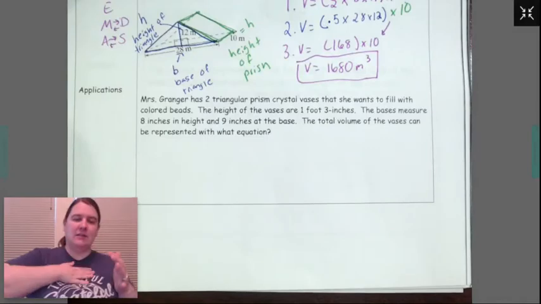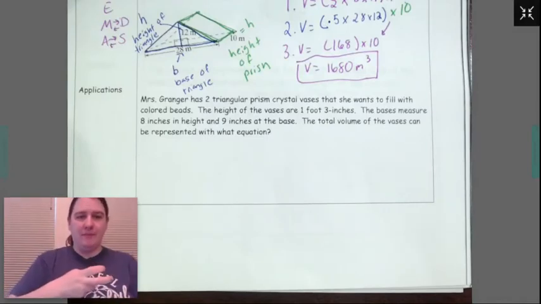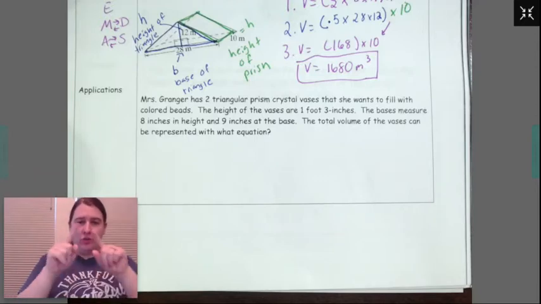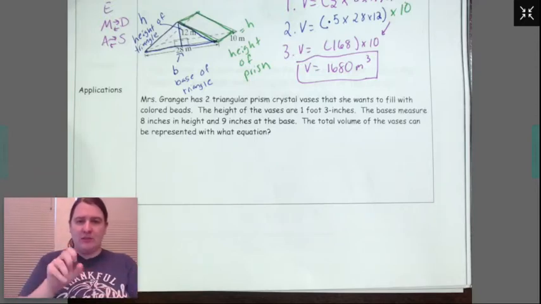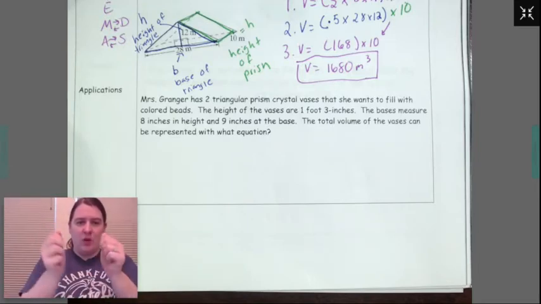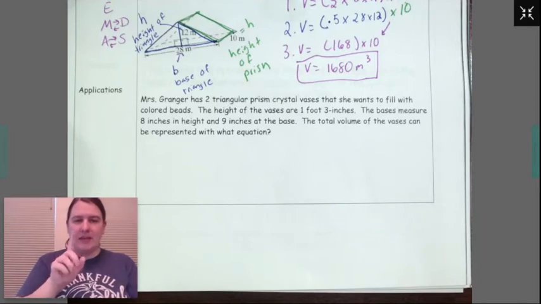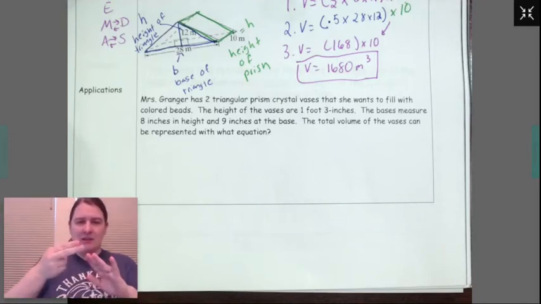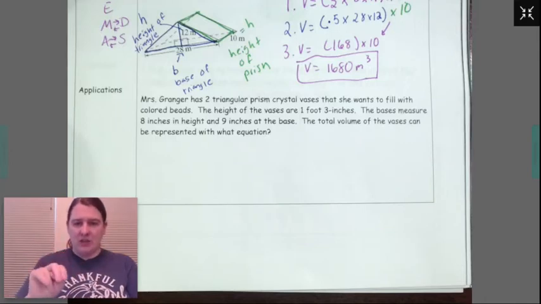All right, and last, my word problem. Miss Granger has 2 triangular prisms, crystal vases that she wants to fill with colored beads. The height of the vase is 1 foot 3 inches.